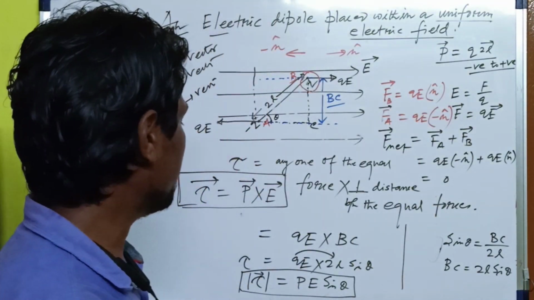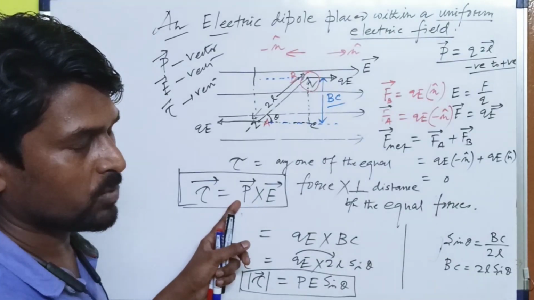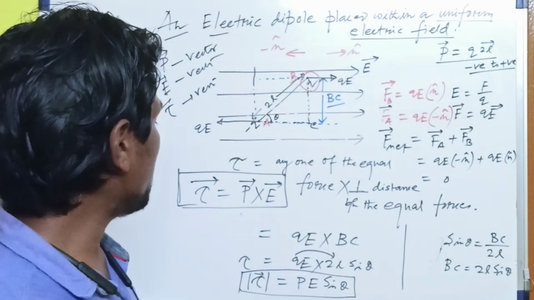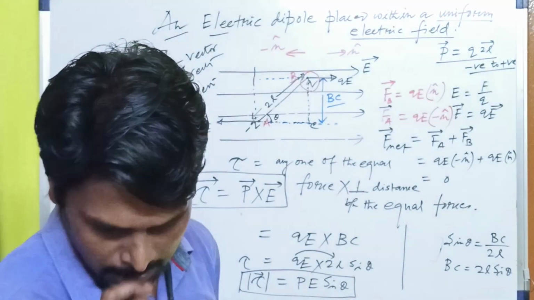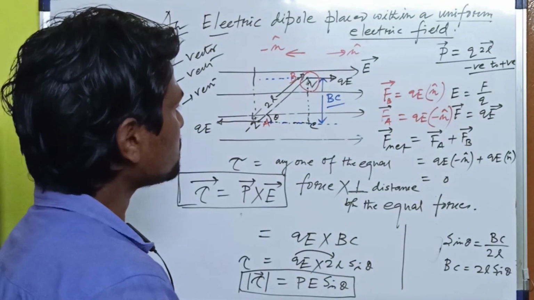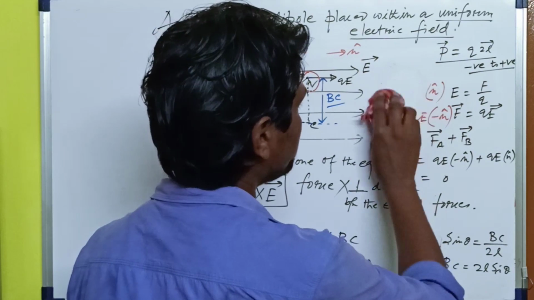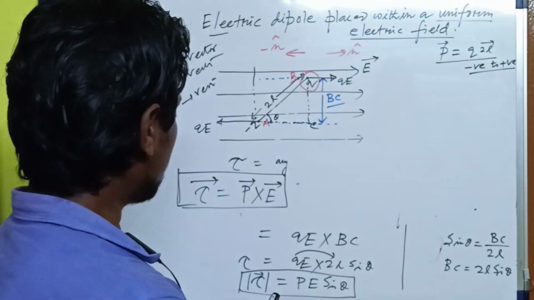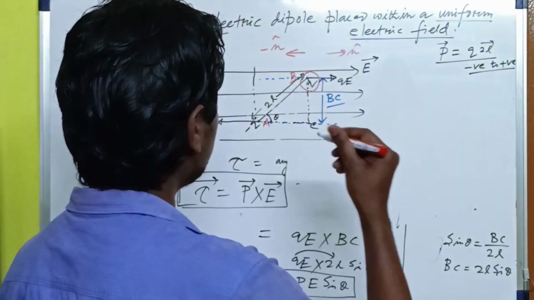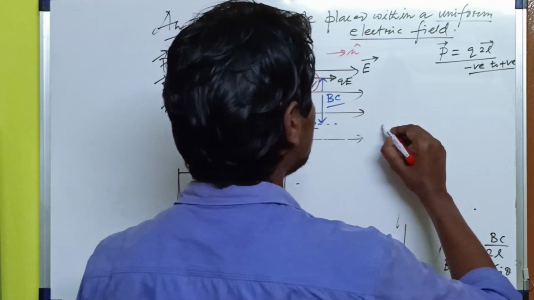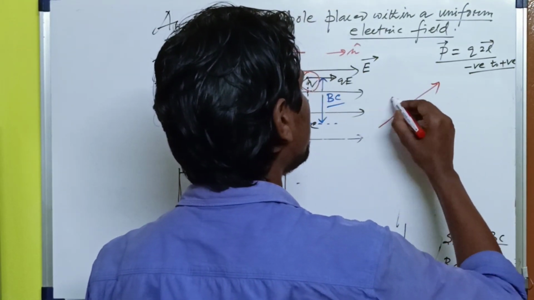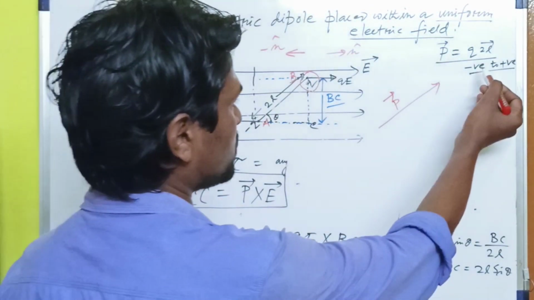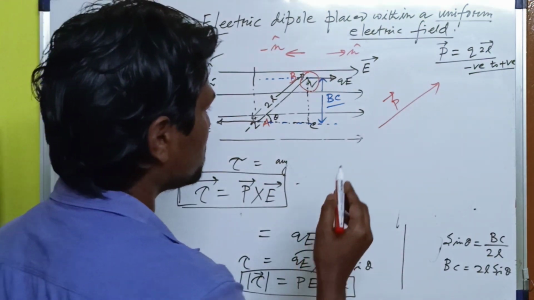And the next step is, what is the direction of those physical quantities, that is the electric dipole, the electric field, and the torque. If we draw those vectors, suppose this is the negative charge and this is the positive charge, so the direction of the vector P is along this direction, from negative to positive, and the electric field acts along this direction.